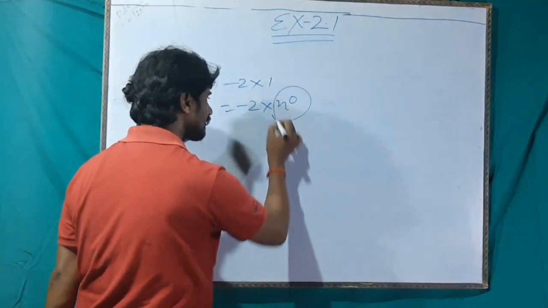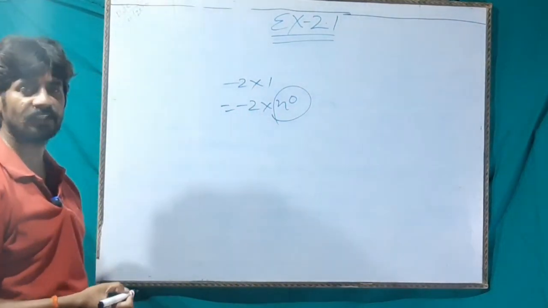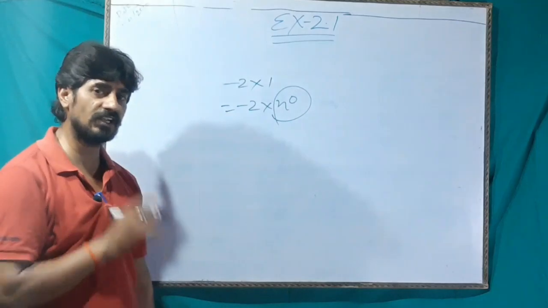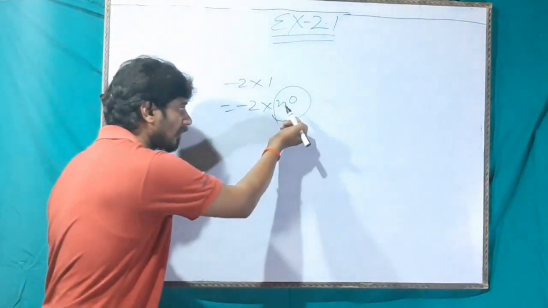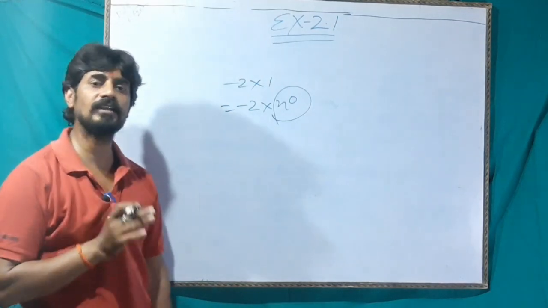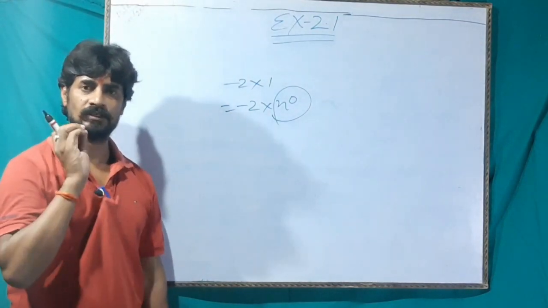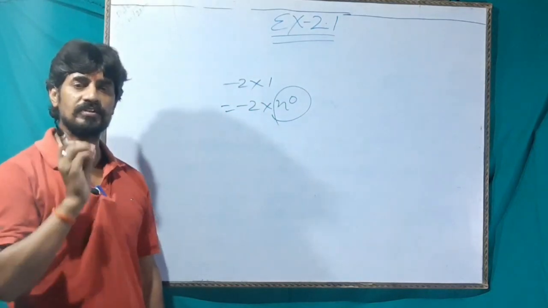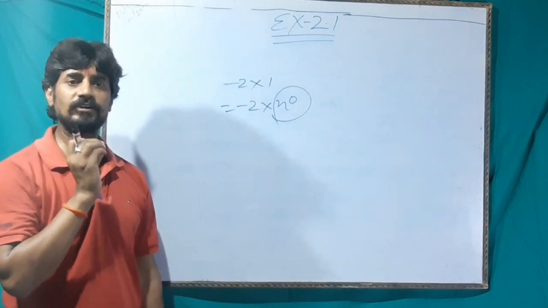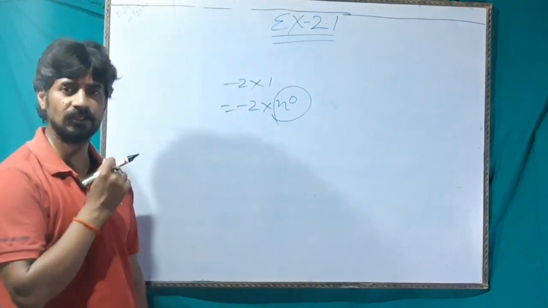So we can say that -2 is a constant term and it is also the coefficient of x to the power 0. So clearly, the constant term which is multiplied to the variables is said to be the coefficient of the variable in the polynomial.